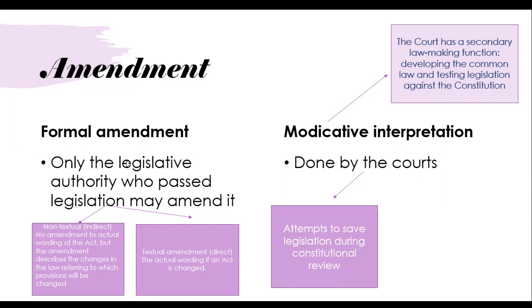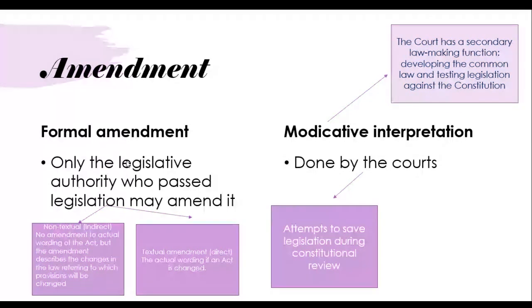Modificative interpretation by the courts is done during attempts to save legislation when there is a constitutional review. So you will be aware that a number of different parties have challenged the validity of both the National Disaster Act, as well as the regulations that were issued under that.